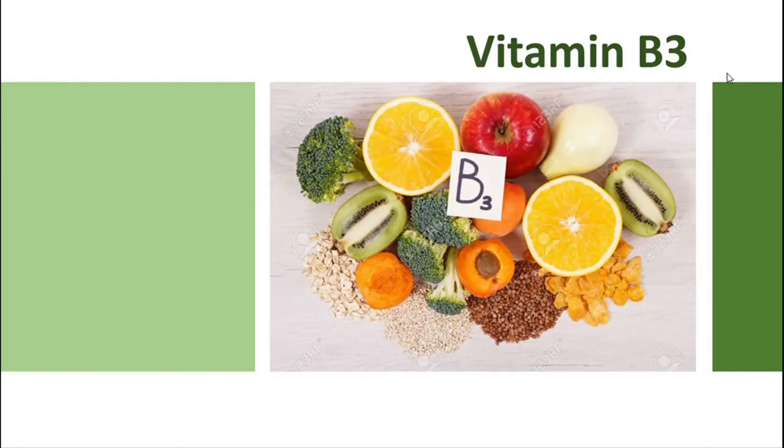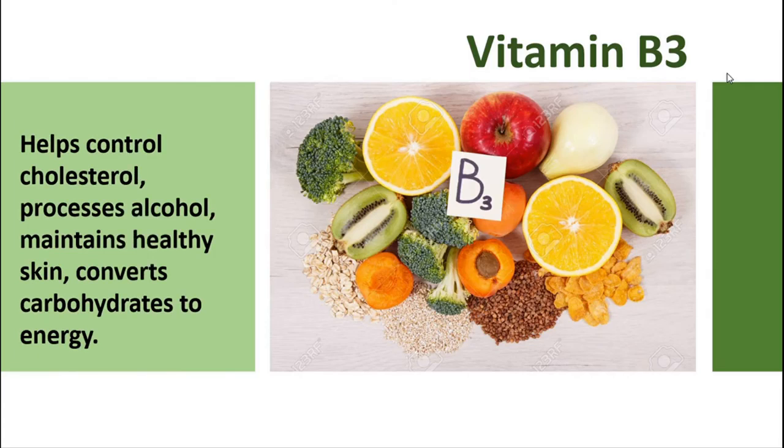Next, vitamin B3. There are many sources such as nuts, eggs, potato, avocado, and meat. Vitamin B3 can help to control cholesterol, process alcohol, maintain healthy skin, and convert carbohydrates to energy.